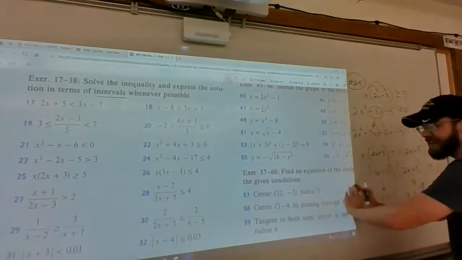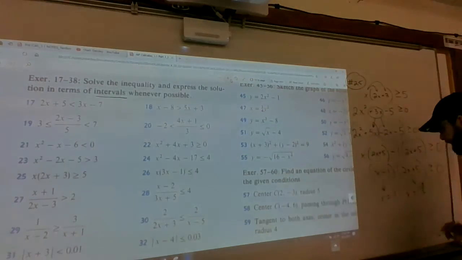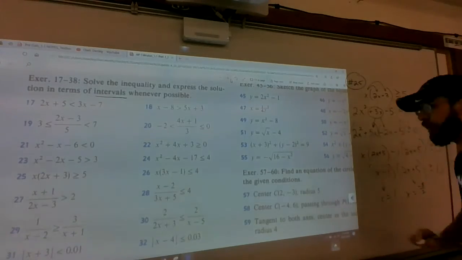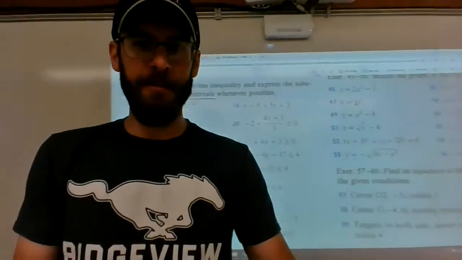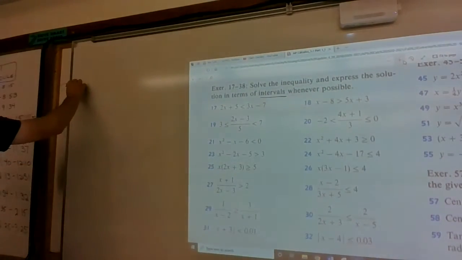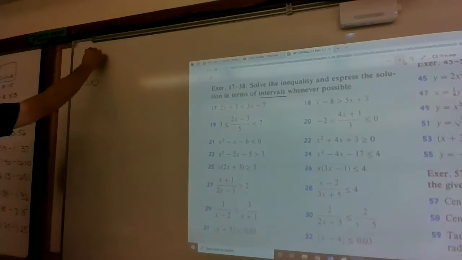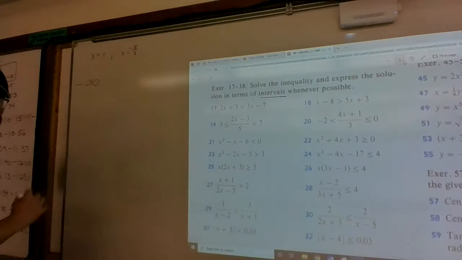to test the expanse of the number line, negative infinity to infinity, we're going to now start with negative infinity. I'm running out of room over here, so I'm going to go over to this side of the board. So you had x equals 1 and x equals negative 5 halves. Those are the two spots.